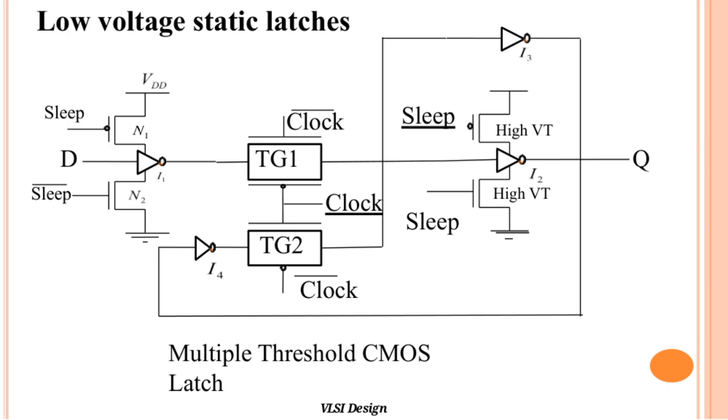This isolation is crucial because it prevents unnecessary switching activity and thus saves power. The clock signal drives the latch during active operation, but when the circuit enters sleep mode, the high threshold voltage transistors limit leakage, improving overall power efficiency. This technique is particularly valuable in VLSI design, where power consumption is a critical concern.